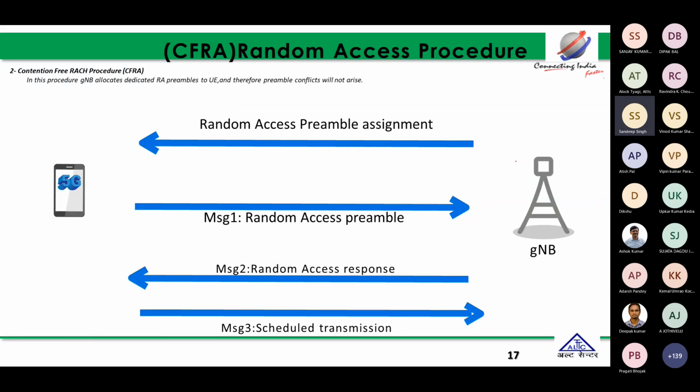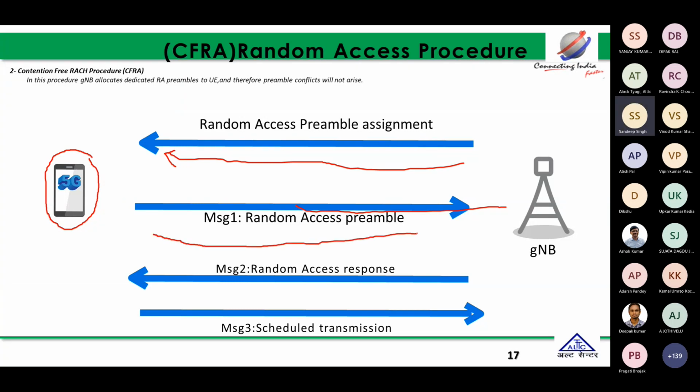In the previous version of random access, the UE selects the preamble randomly, but here in the contention free random access procedure, the gNodeB allocates the random access preamble.